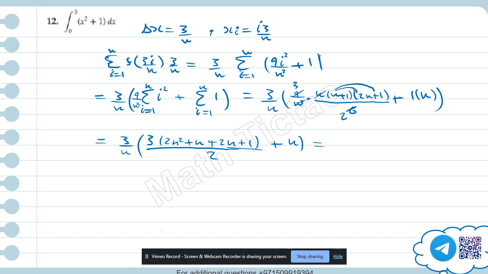Now for this it will be 6n squared plus 9n plus 3 plus 2n, divided by 2. That's it. Let's just check our work.